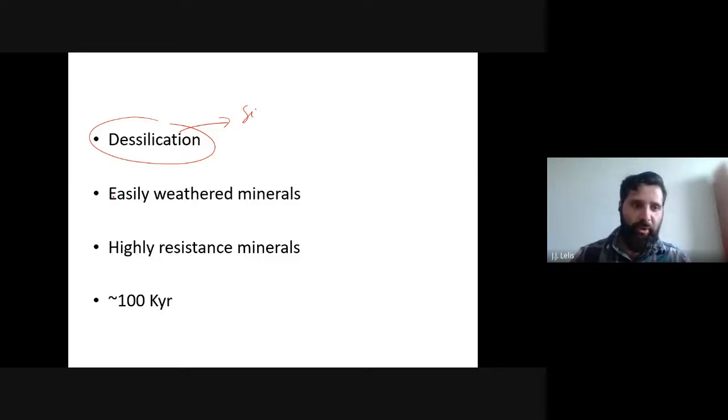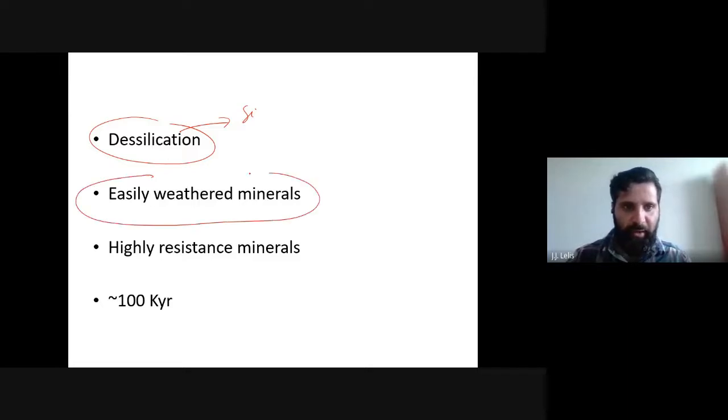And we can see that this is quite related to the content of easily weathered minerals. Of course, if you have a higher content of pyroxene or feldspar, your material, the soil, will suffer desilication faster.